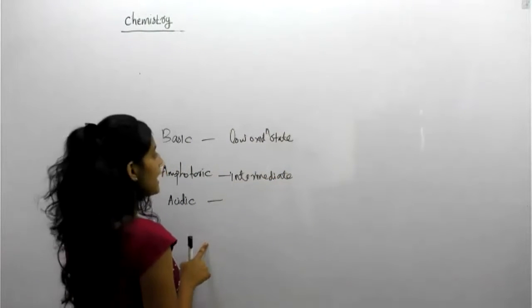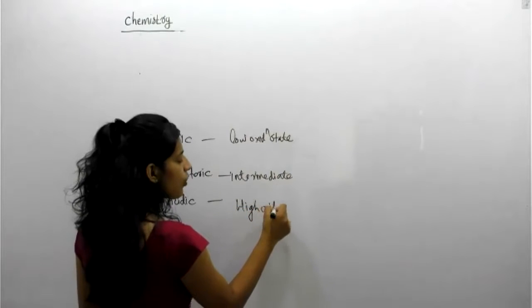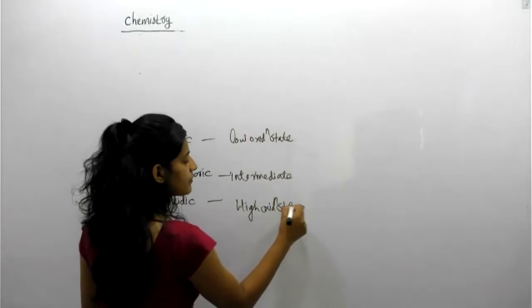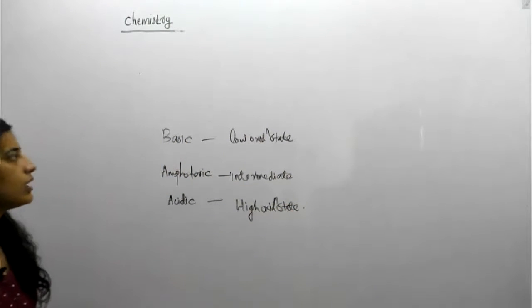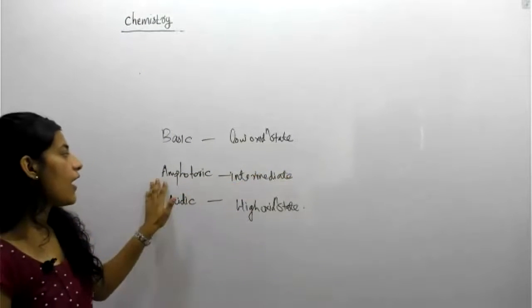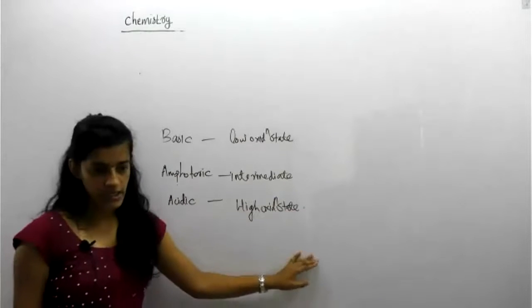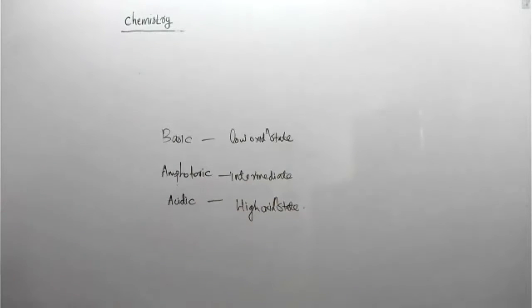Acidic means a high oxidation state. Keep it in your mind, very important. Most basic ones are low oxidation state, amphoteric are intermediate, and acidic are high oxidation state in nature, right?